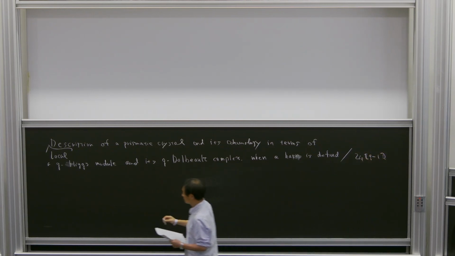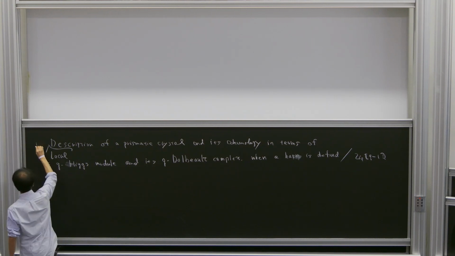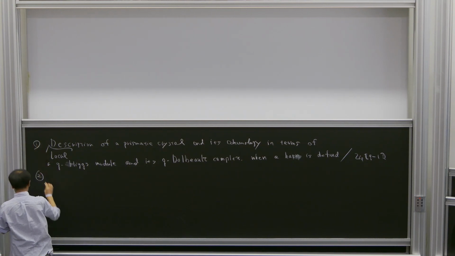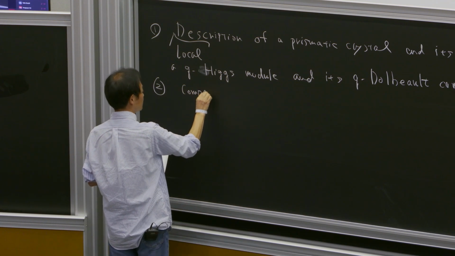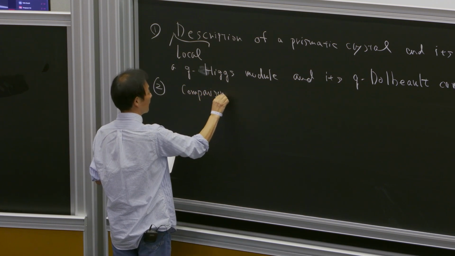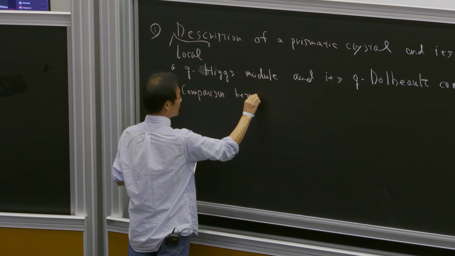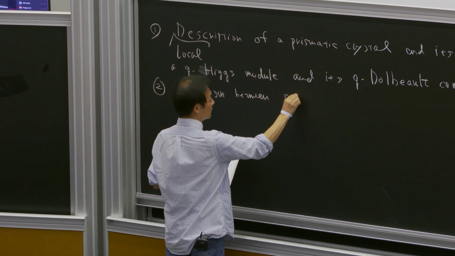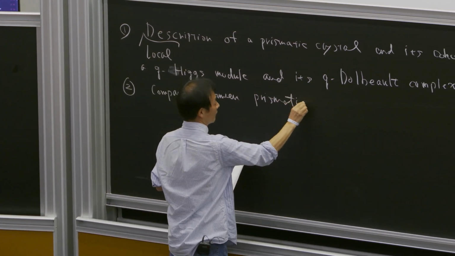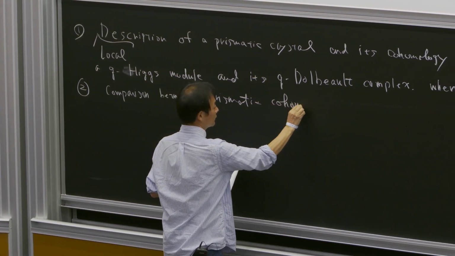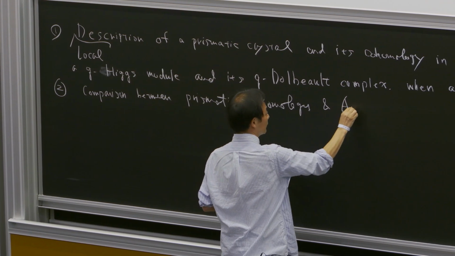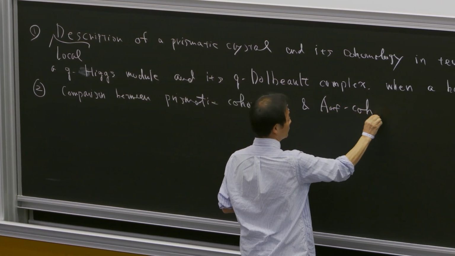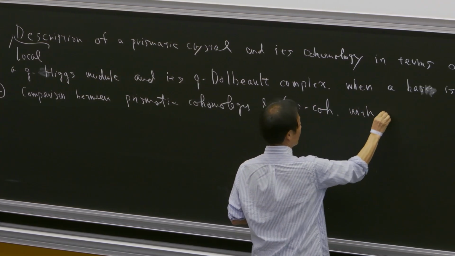So this is the first topic, and then I try to apply this to a comparison between prismatic homology and A inf homology with coefficients.